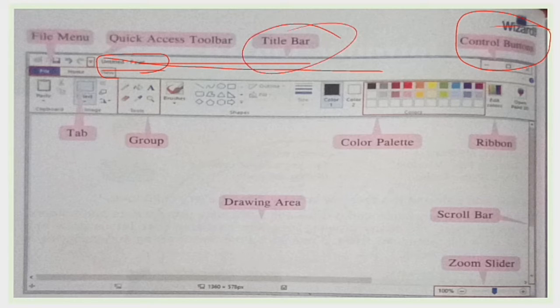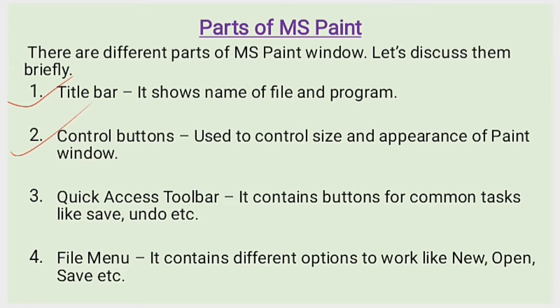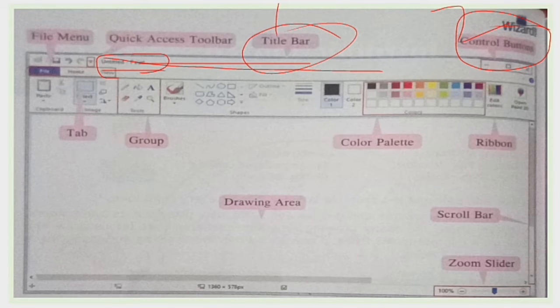This is the title bar. We have done number 1 and number 2. Now number 3 is the quick access toolbar. It contains buttons for common tasks like save, undo, etc. Let's see what the quick access toolbar is.